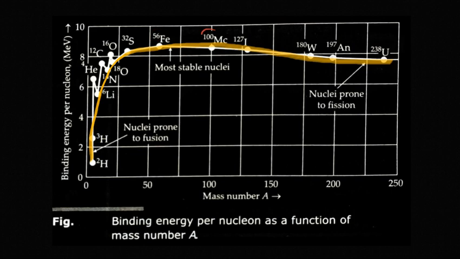Inside of moscovium, there are 100 nucleons. Iodine, 127 nucleons. Tungsten, 180 nucleons. So you see that these nuclei, deuterium, tritium, hydrogen, are very light nuclei as compared to these elements. So the lighter nuclei generally lie at the lower part of the binding energy curve.